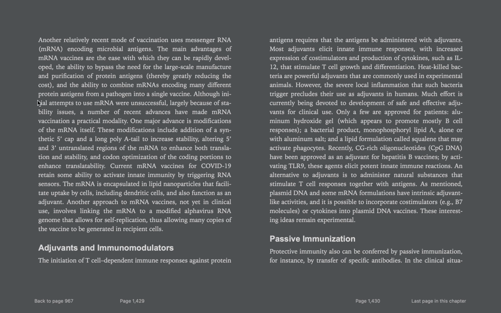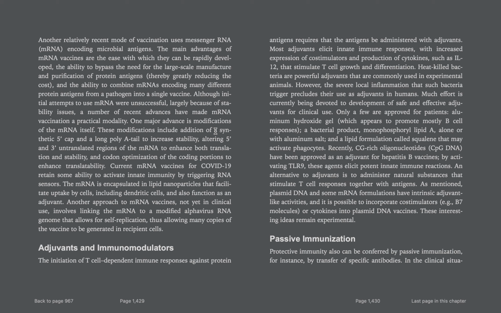Although initial attempts to use messenger RNA were unsuccessful, largely because of stability issues, a number of recent advances have made messenger RNA vaccination a practical modality. One major advance is modification of the messenger RNA itself.